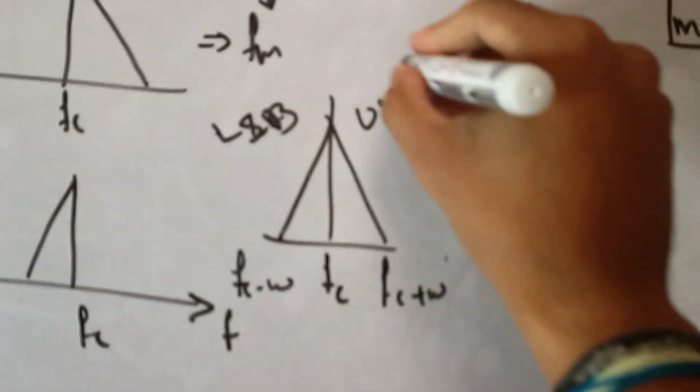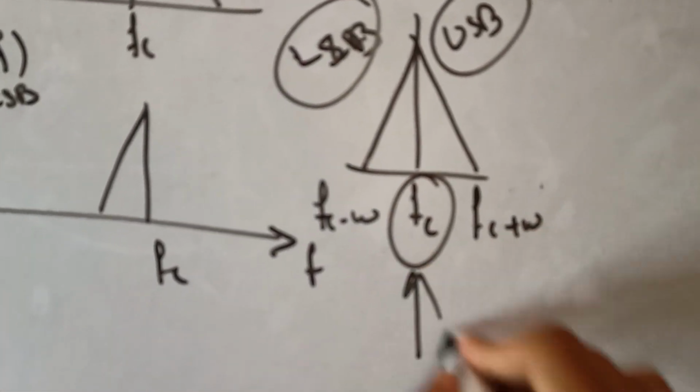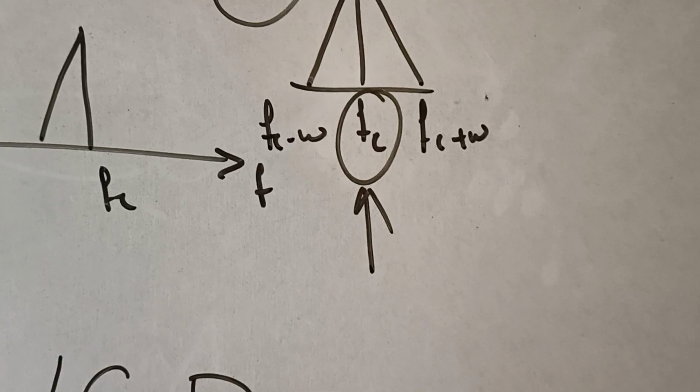Because we can see that the USB and LSB are meeting at the same point called the carrier frequency, that is FC.